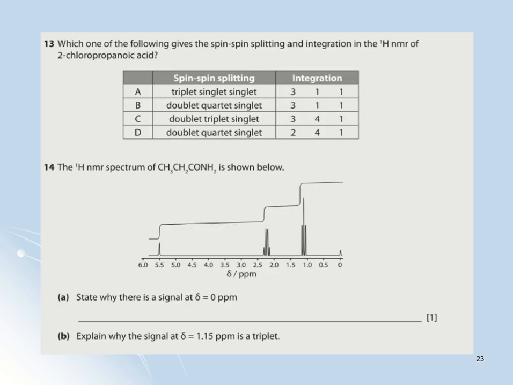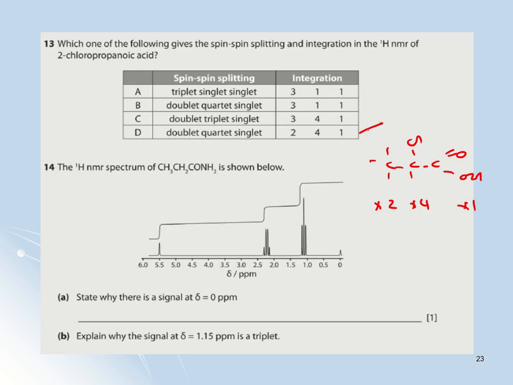Which one of the following gives the spin-spin splitting and integration trace of 2-chloropropanoic acid? Well, let's draw that out first of all. So 1, 2, 3, propanoic acid is there, OH there, 2-chloro is there. So what are we after? Spin-spin splitting. This one's going to split to a 2, this one's going to split to a 4, and that's going to split to a singlet. So we have a 2 and a 4 and a 1.